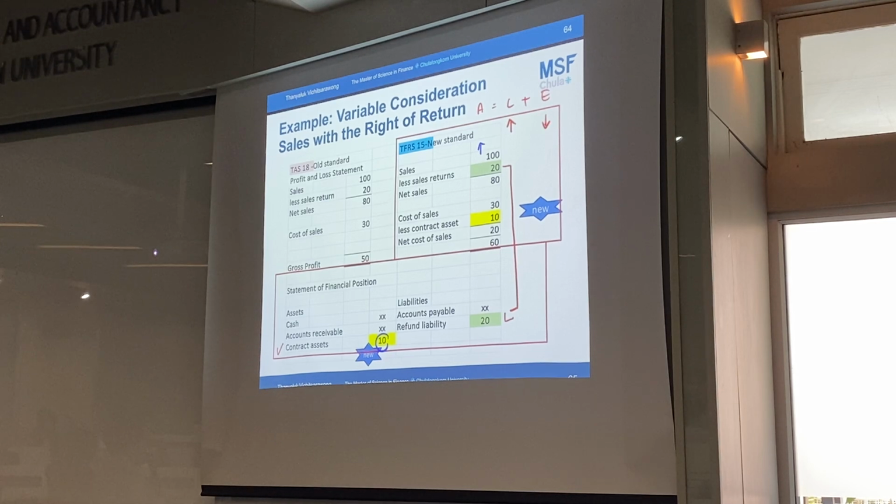So it's like you estimate that this amount is finally going to be returned. So you did not sell it out. The customer will return later. So it will reduce your cost of goods sold. So in your equity section, when you look at the cost of goods sold, this amount will reduce the cost of goods sold, right? And it will increase your equity.